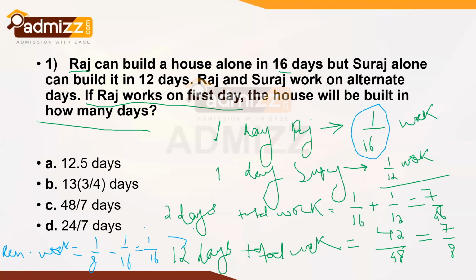So even after the 13th day, we can clearly see that some work is left, that is to say, 1/16 of the work. Since 1/16 is a really small amount of work, we can directly say that the work is completed in 13 3/4 days. We need not even calculate this, since we know that Suraj does 1/12 of the work, which is clearly greater than 1/16. So just by judging by this, this is the correct answer in this particular case.